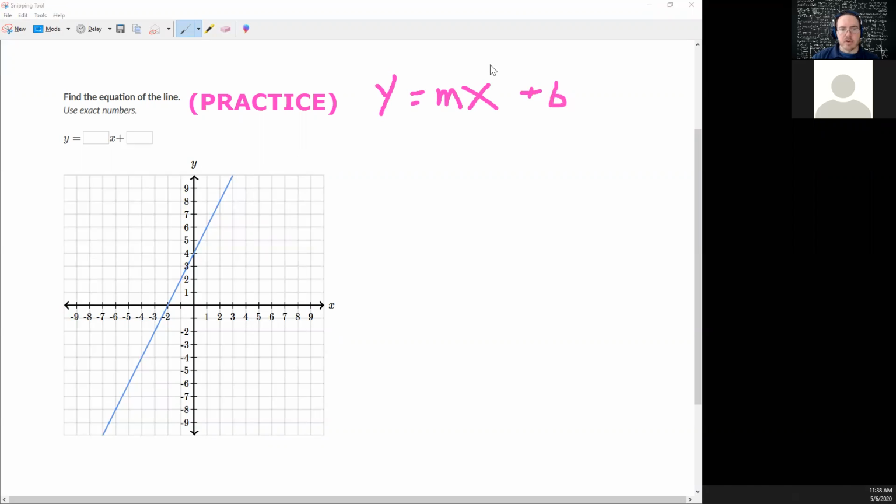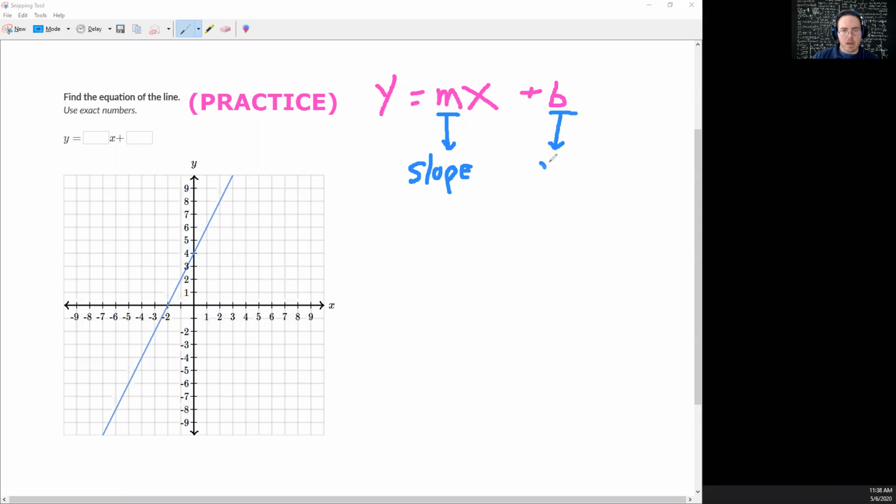And just as a refresher, let's talk about how the m is the slope and b is our y-intercept. That's why they call it slope-intercept form. And that value basically is, when x is equal to 0, what is y equal to?